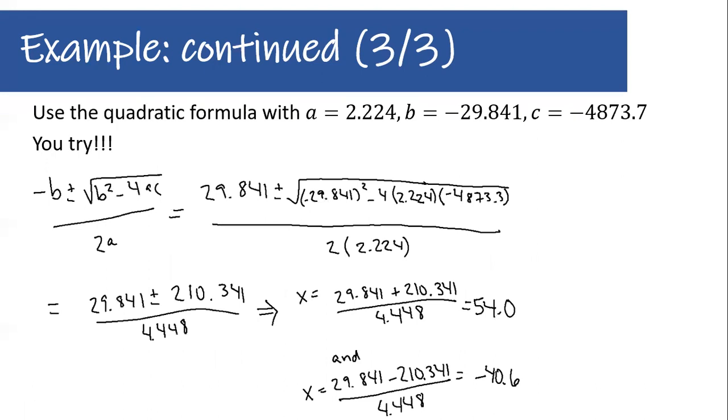So if we look at our work here, remember we're dealing with negative b plus or minus the square root of b squared minus 4ac all over 2a. And now it's just kind of a plug and chug, but it's a very careful plug and chug.